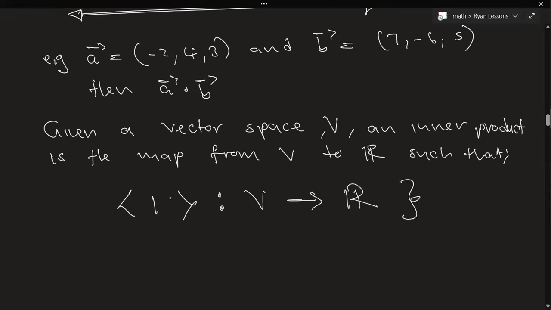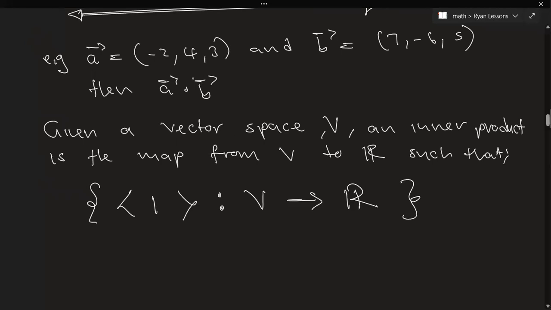What we call an inner product is just a function. It is a map which takes us from the vector spaces into the real numbers. It is defined in such a way that it takes two vectors and maps them into the space of real numbers. That is what we refer to as an inner product of vector spaces.